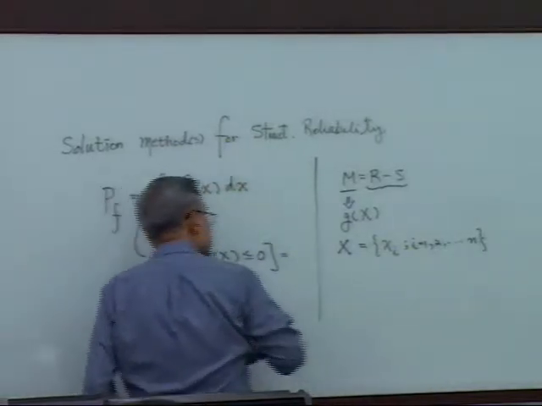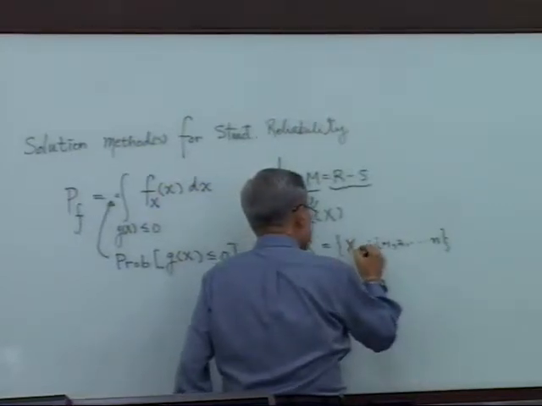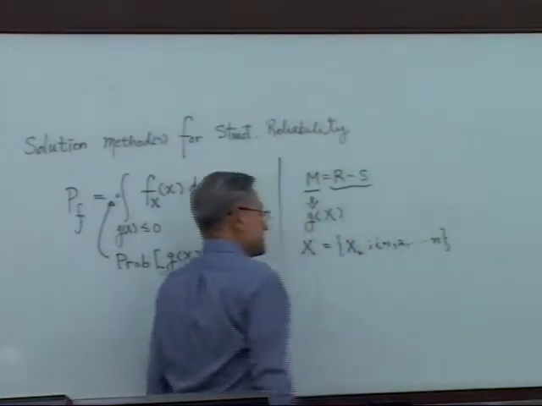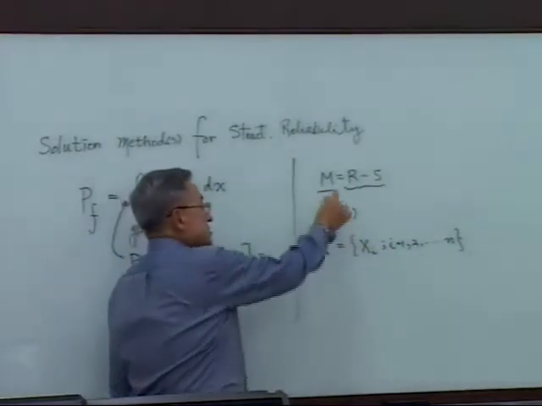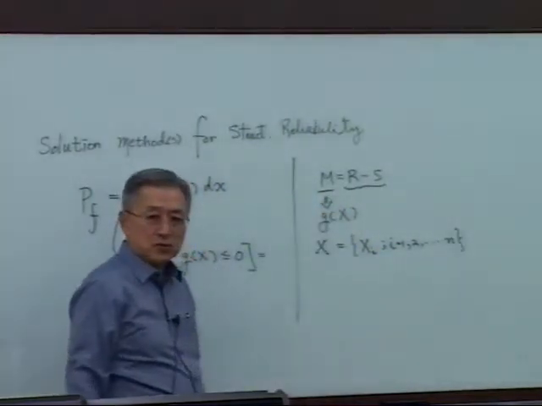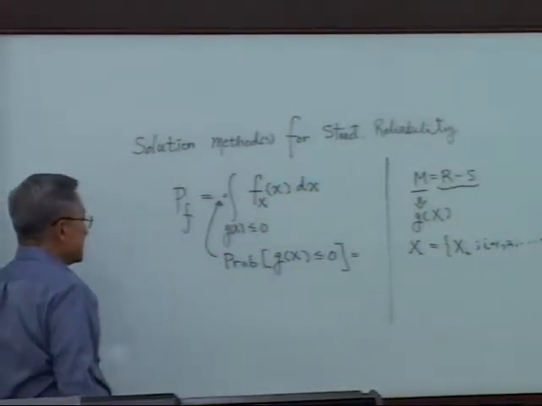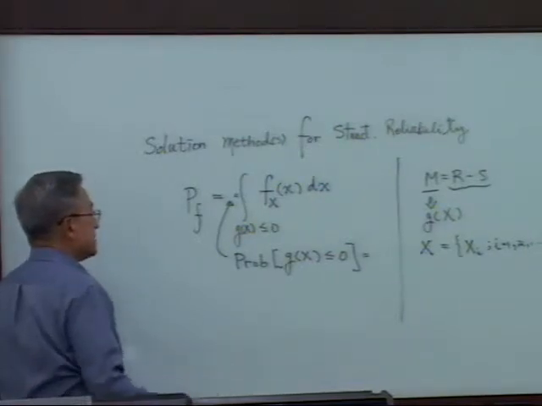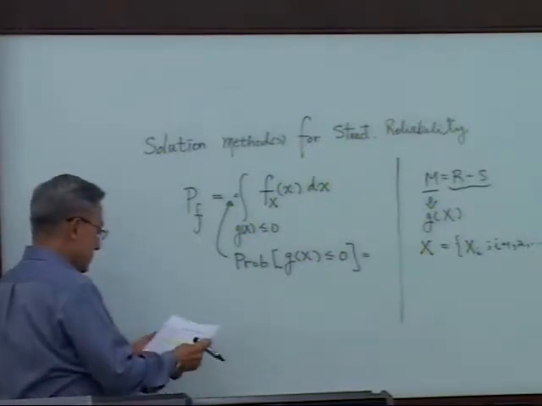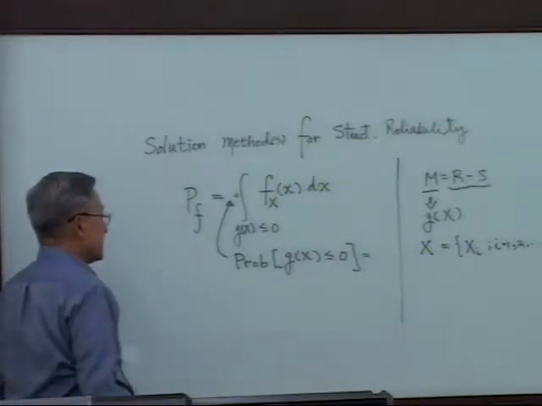You can write this as Xi. In this case, it's only two. So this is about all, no more, no less. That's all you can tell.